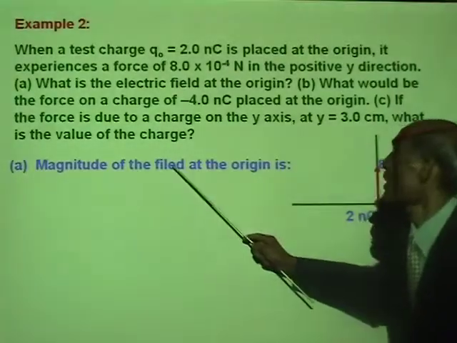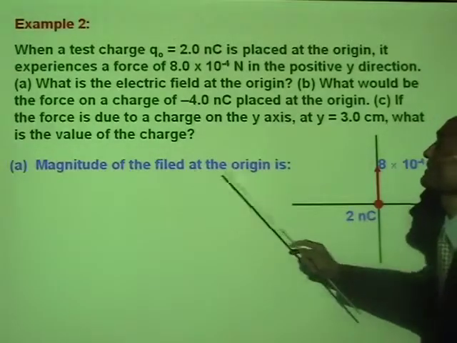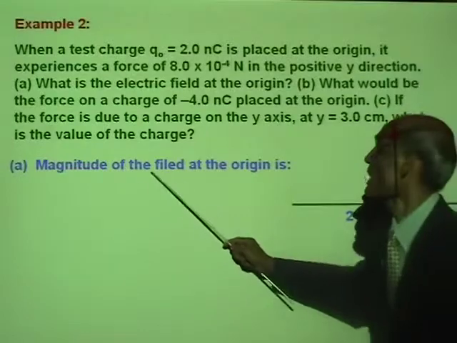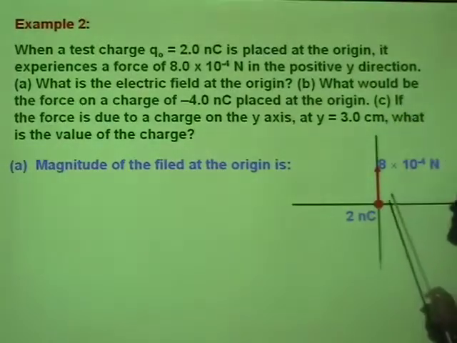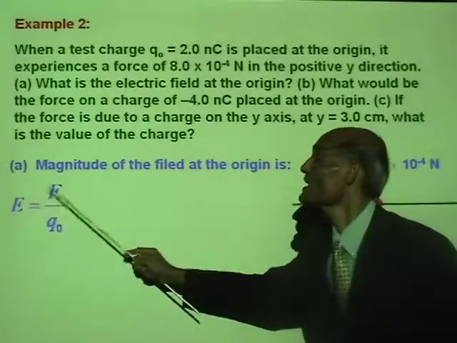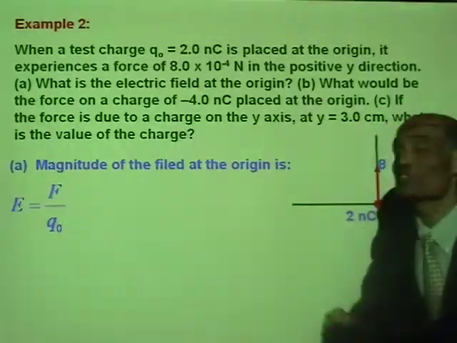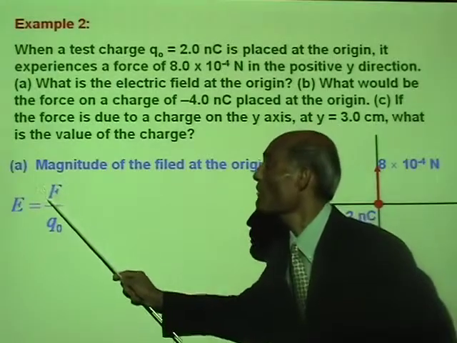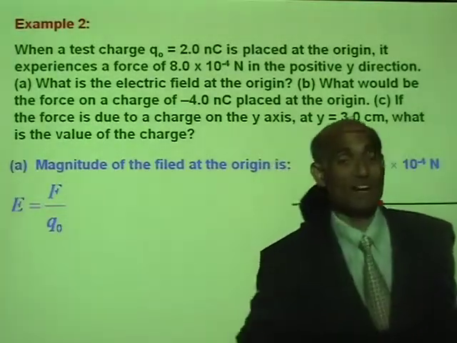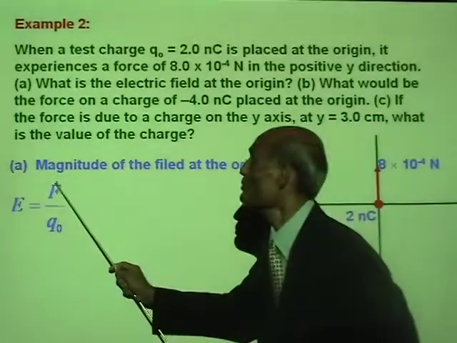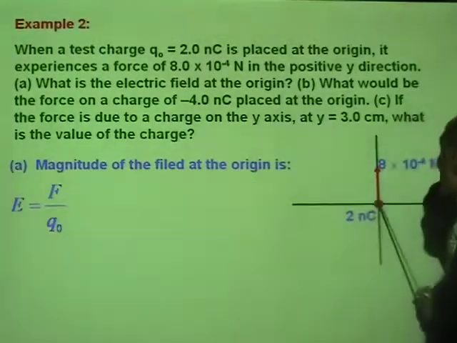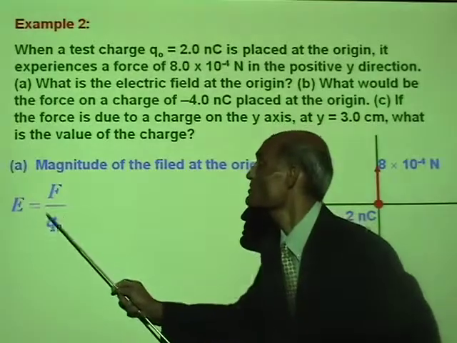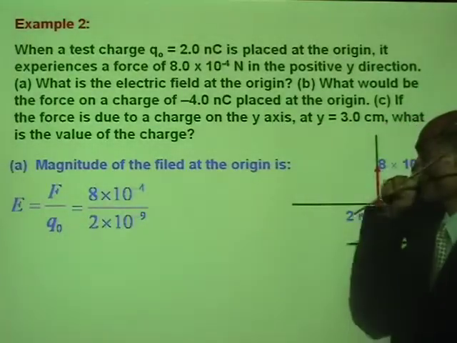The magnitude of the field at the origin is E equal to F over Q0. Is that right? Electric field is force per unit charge. And therefore, the force experienced by the charge placed at the origin is F equal to E times Q0.